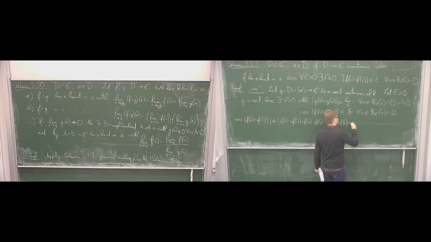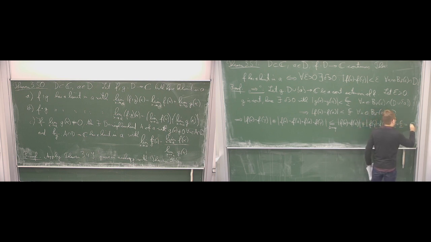This is smaller than or equal to |f(x) - f(A)| plus |f(y) - f(A)|. This is smaller than epsilon over 2 plus epsilon over 2, which is epsilon. And this holds for all x and y in B delta of A intersected with D. And this is really the condition that we wanted to have. So this proves the one direction.